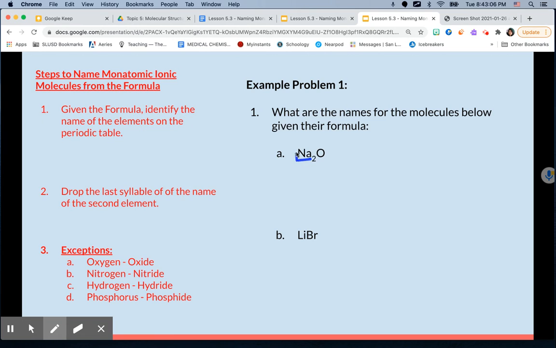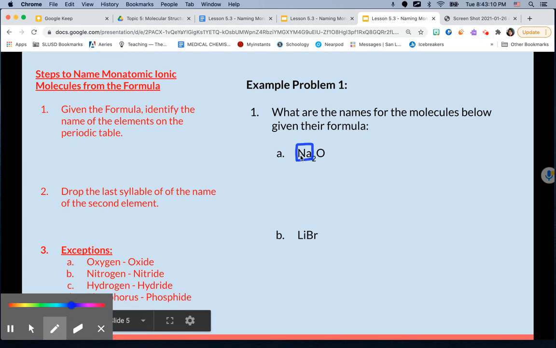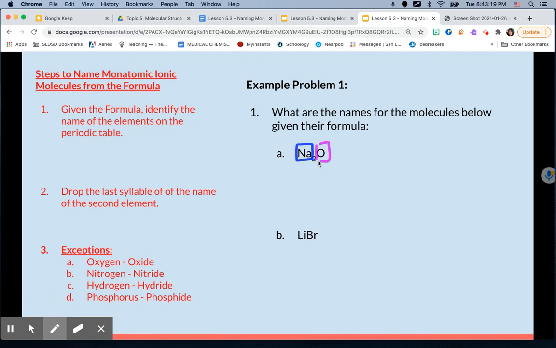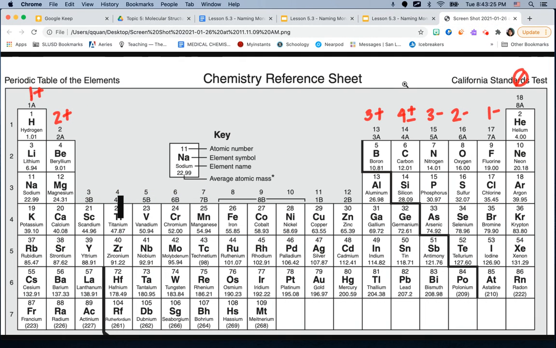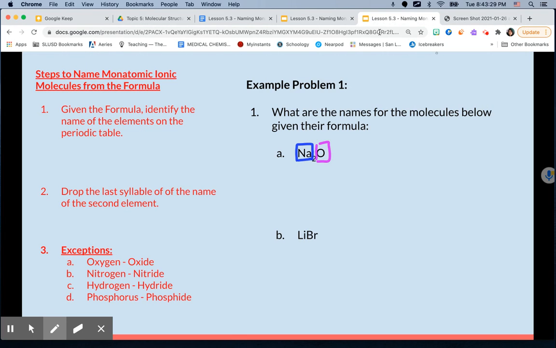I'm going to pay attention to the fact that this is one element because it's capital, lowercase, and then another capital letter. If I see another capital letter, this is a different element. So on my periodic table, I'm going to look for the name of Na and the name of O.